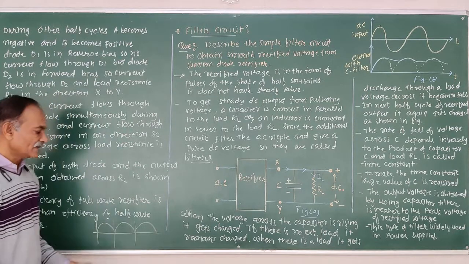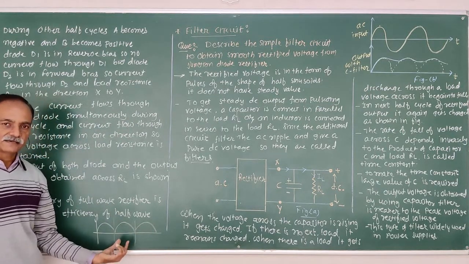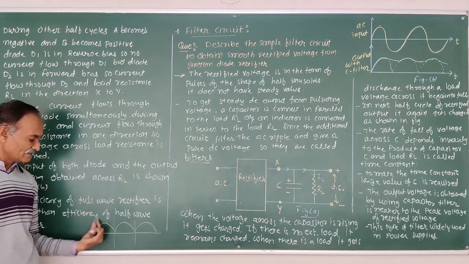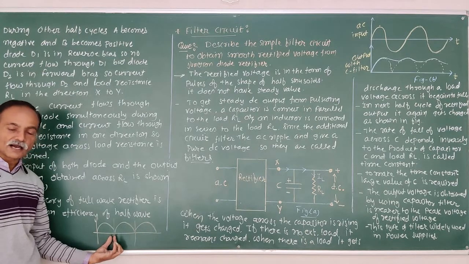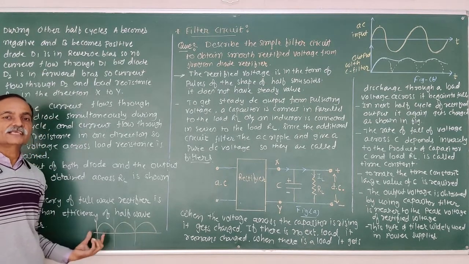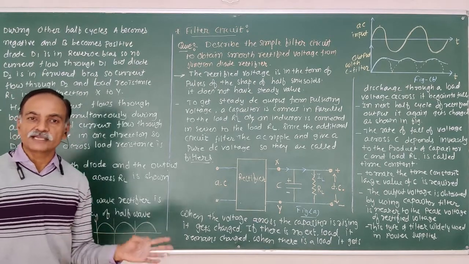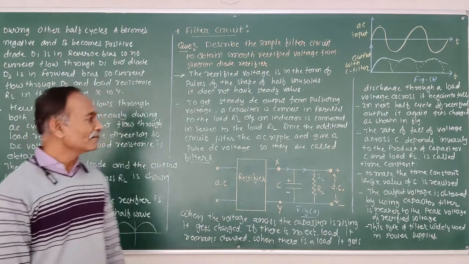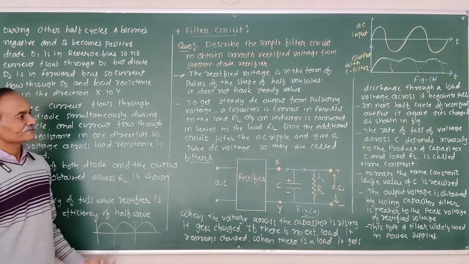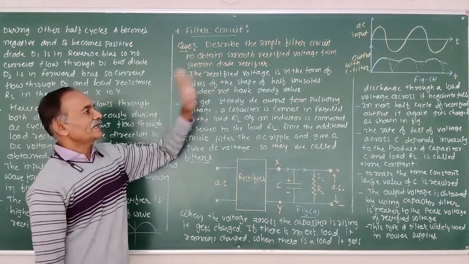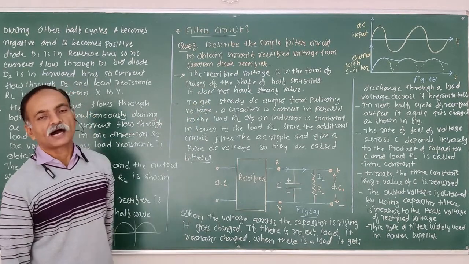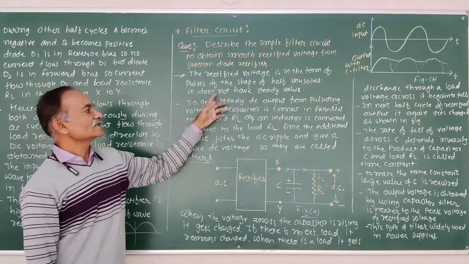Just we discussed that in full wave and half wave rectifier. The output rectified voltage is not constant with time, it varies with time. From 0 to maximum, again becomes 0, again from 0 to maximum, again 0. So this varies with time, that is not a pure DC voltage. Here AC component is also present in this output voltage.